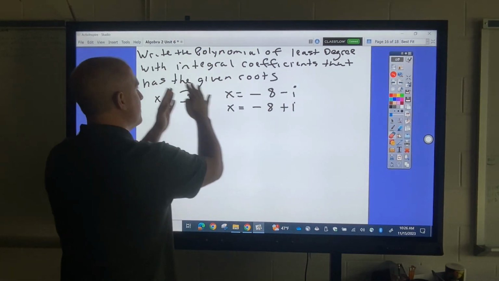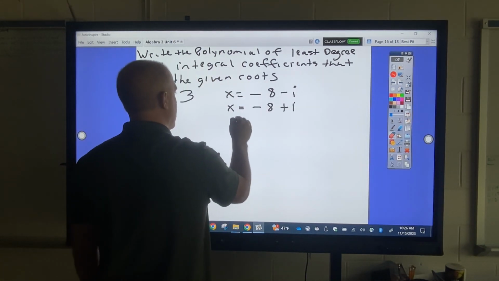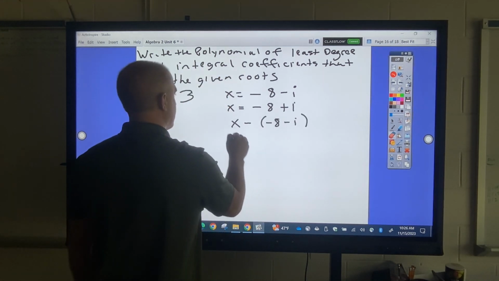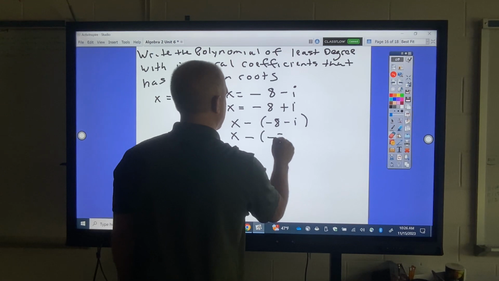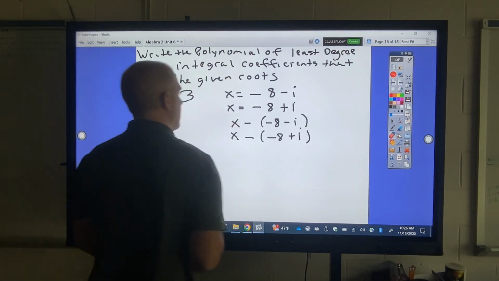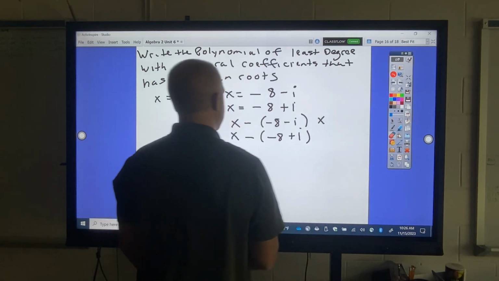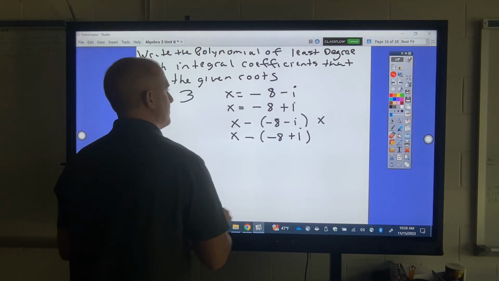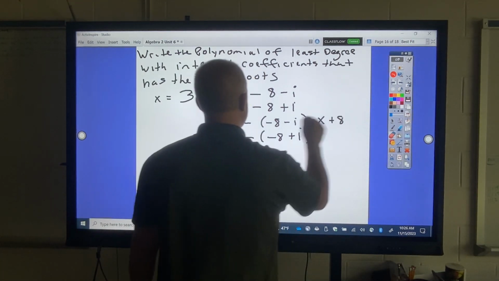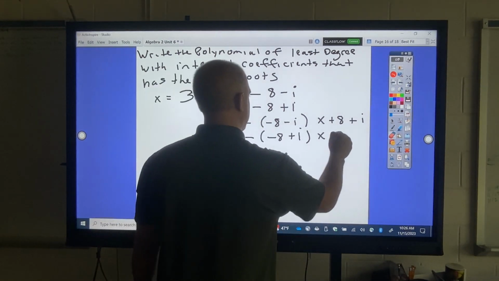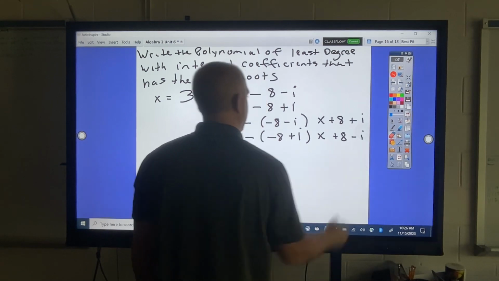Now I'm just going to move these over, and the fast way to do that is this. Then I'm going to rewrite these. That's now going to be positive 8, positive i. That's going to be x positive 8, negative i.